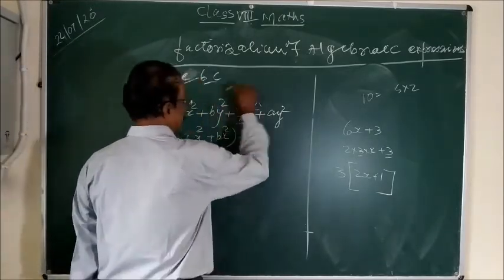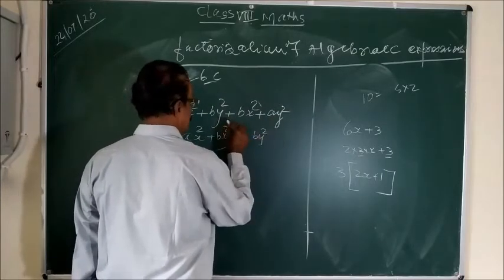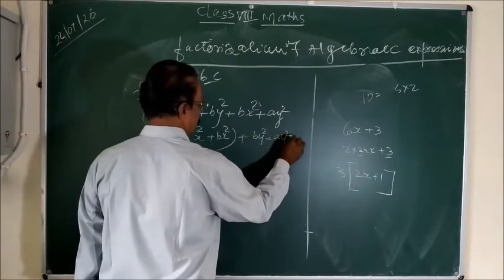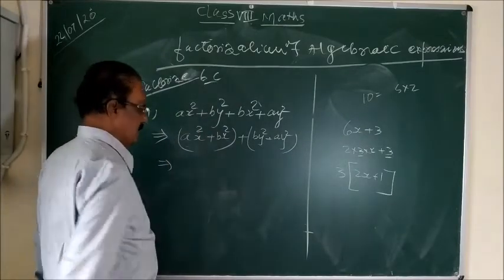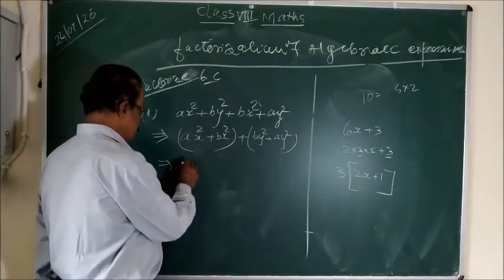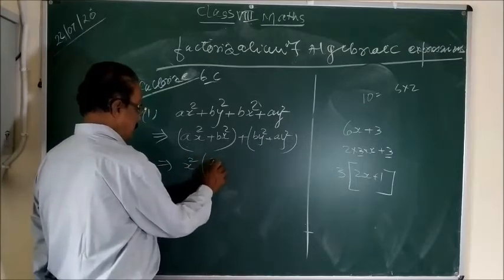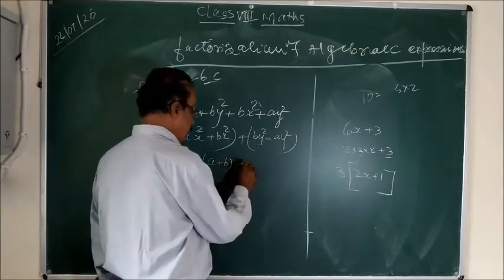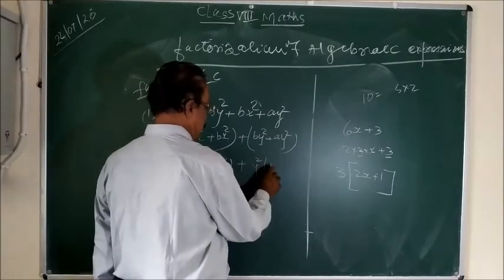And the other two terms left, by square plus ay square. Now you see. What is common here? Common is x square, and in the bracket a plus b. And now what is common here? y square common, b plus a.